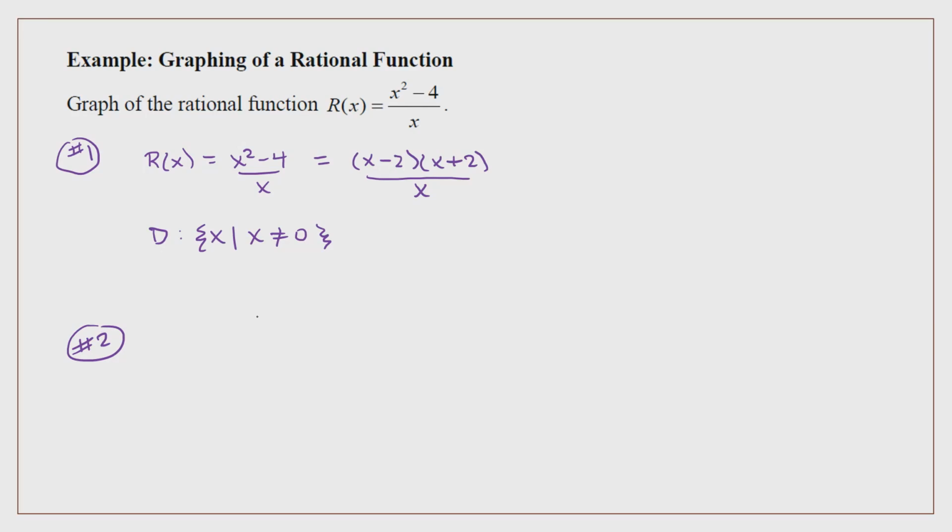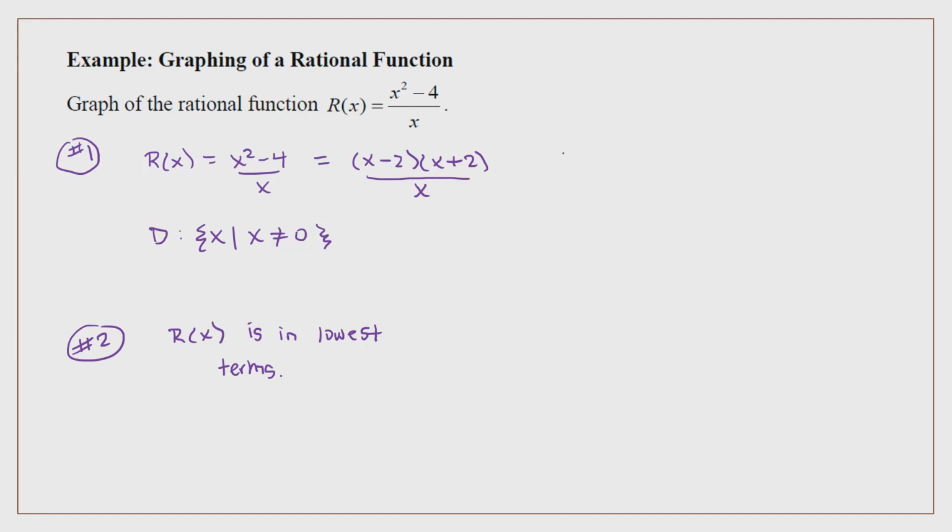Okay. All right. Step number 2, we need to write r in lowest terms. Looking at our factoring, we do not have any common factors in the numerator and denominator. So r of x is in lowest terms. Okay.